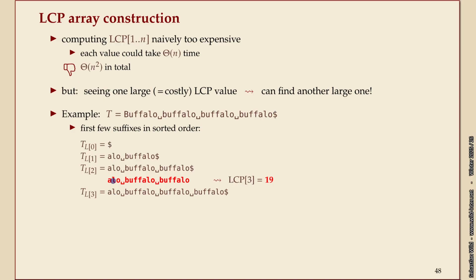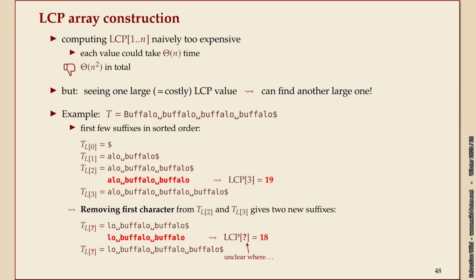My point is, if you have two suffixes that are adjacent in sorted order and they share a long common prefix, guess what? If you take away the first character of both, they still share essentially the same prefix, except for the first character that they both lost. So if the LCP here has a large value, removing the first character gives you another place where there's a long shared prefix.